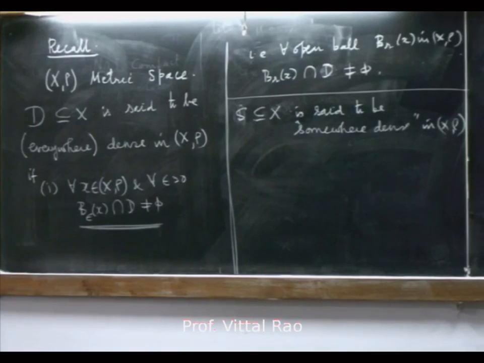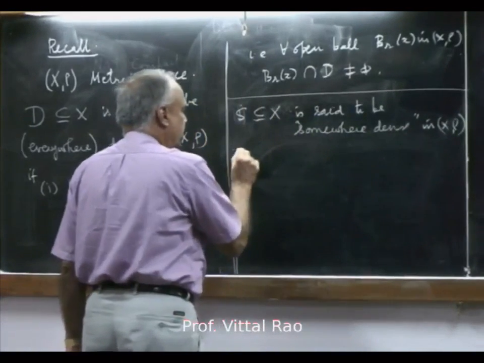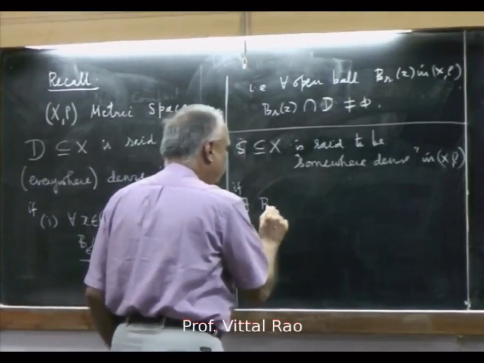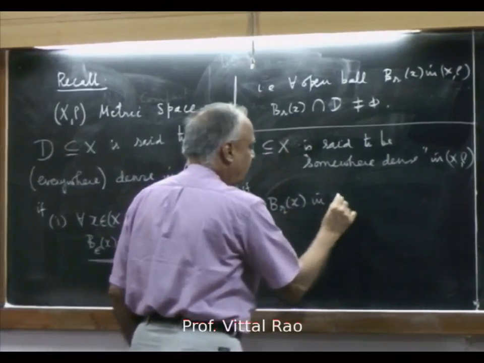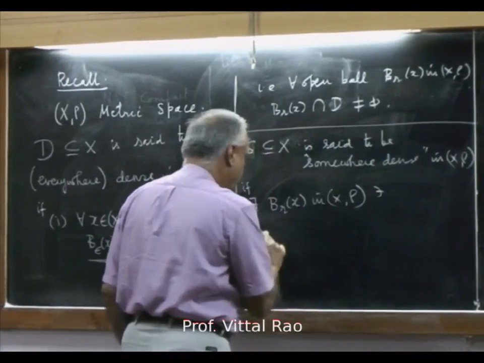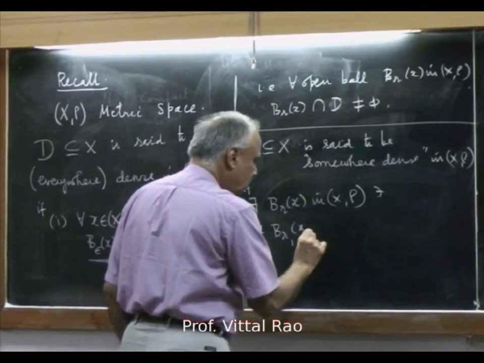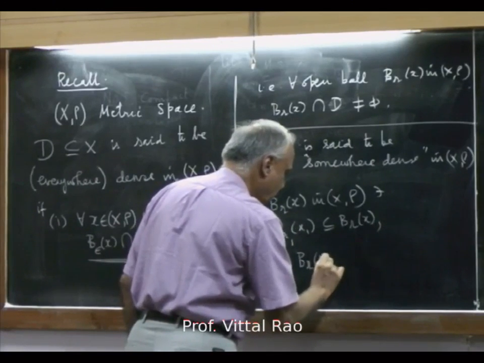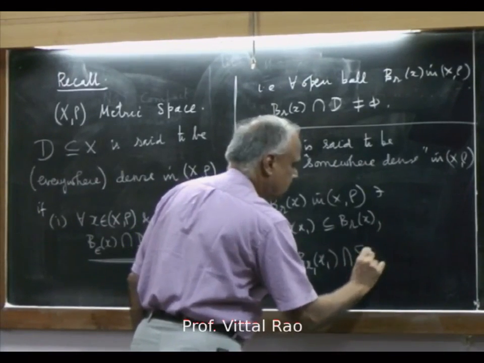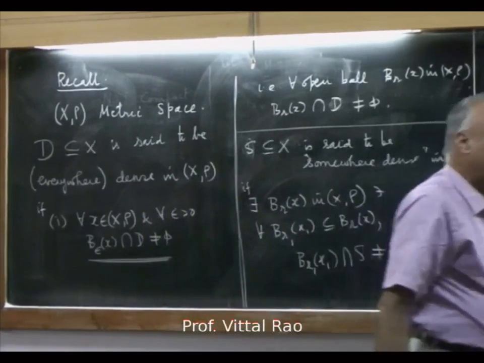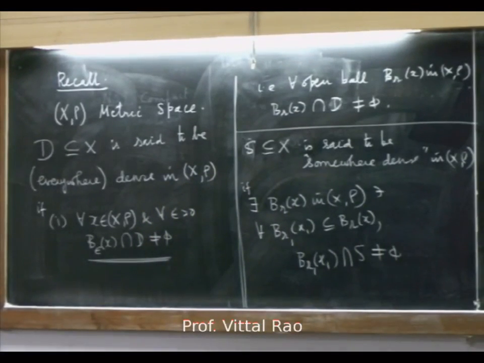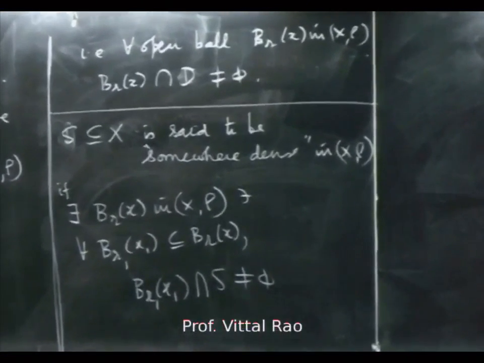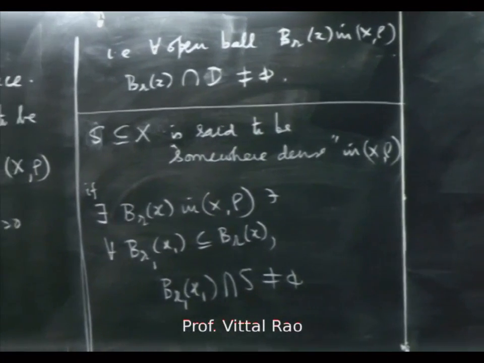So this means there exists a B(r, x) in X such that for every B(r1, x1) contained in B(r, x), B(r1, x1) intersection S is non-empty. There is a region in which wherever you go you will find elements of S. That is what is meant by somewhere dense.